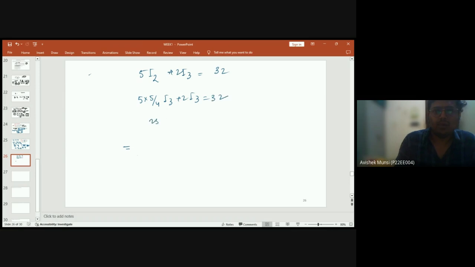It will be 25 I3 plus 8 I3, 128. So we calculate I3, then I2 will be 5 by 4 of this. So how much will it be?